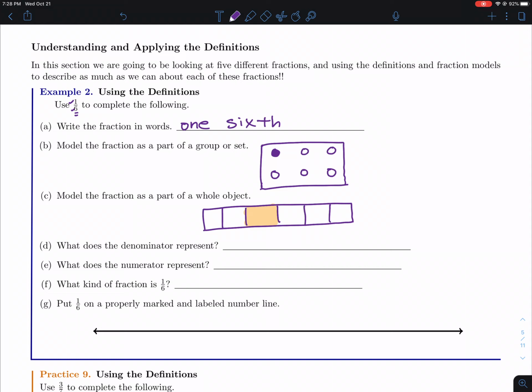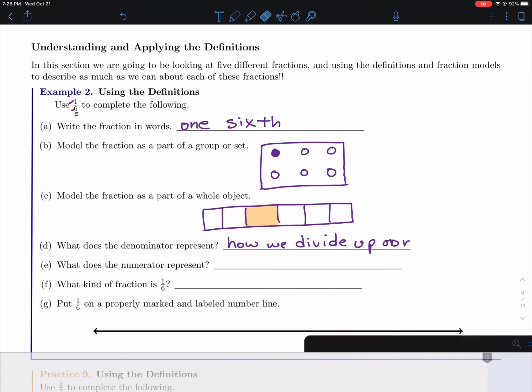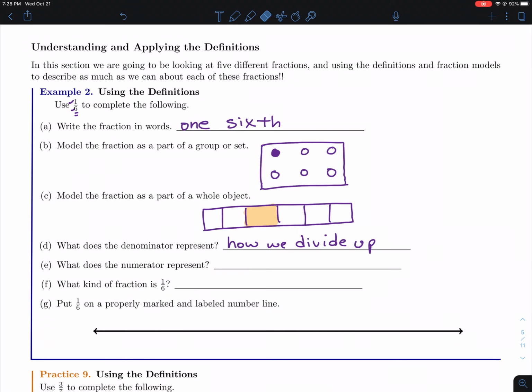All right. So in this case, what does the denominator represent? In general, the denominator is how we divide up our set or object. So if we were looking at pizzas, it's how many slices we would make of the pizza. And what does the numerator represent?